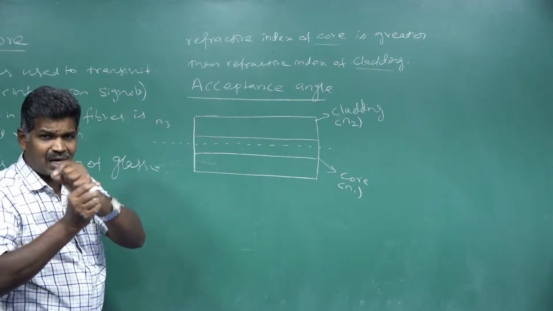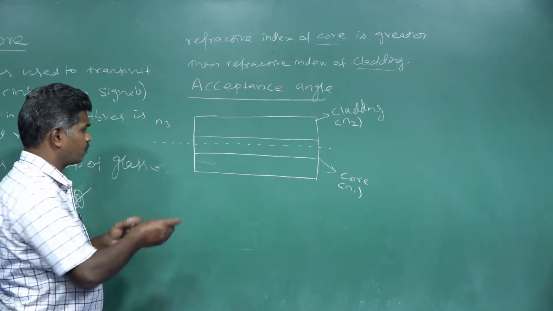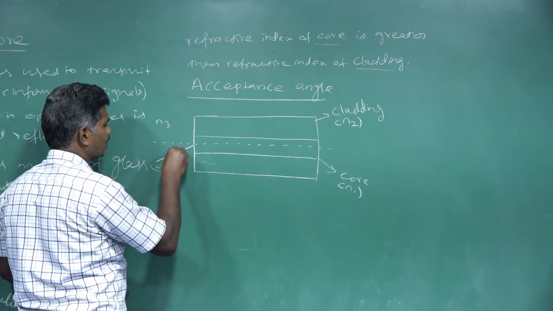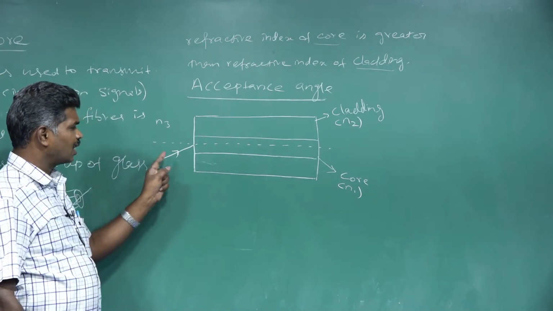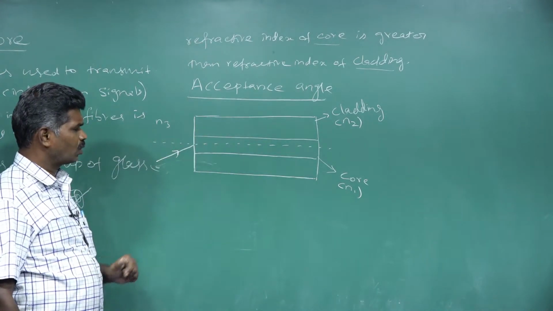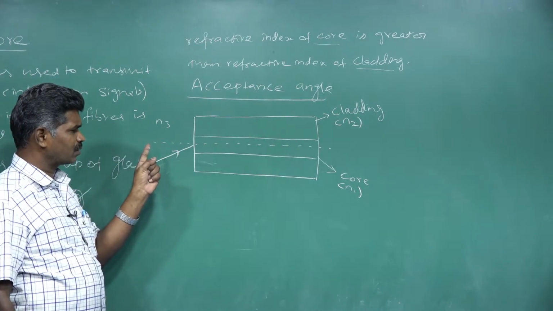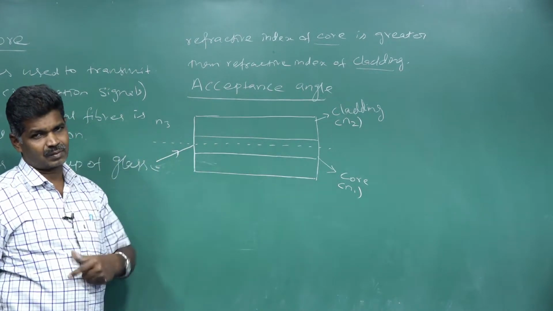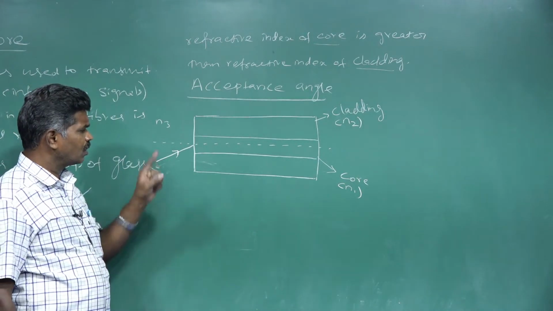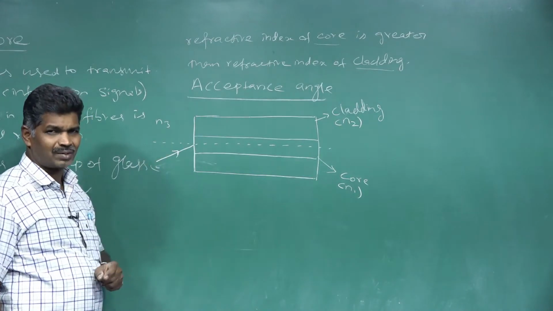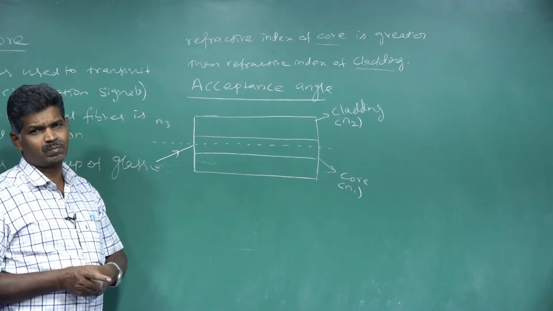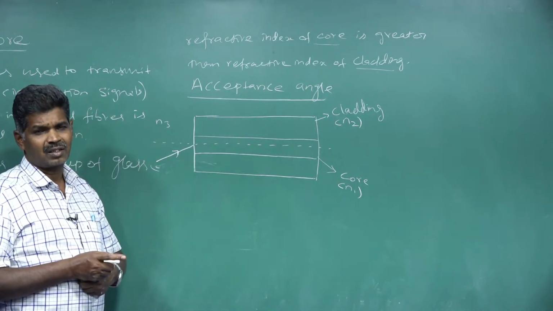It will make a certain angle with the axis of the core. So let me assume this is the incident ray, from outside the cable to the inner part. What happens is that it makes a refraction, from rarer medium to denser medium. If it were a single medium, light rays would not bend; they would move in a straight line in the same medium.